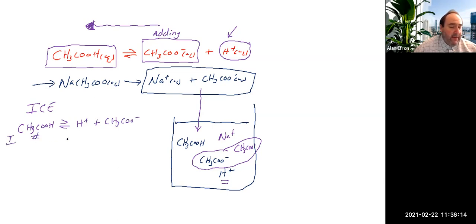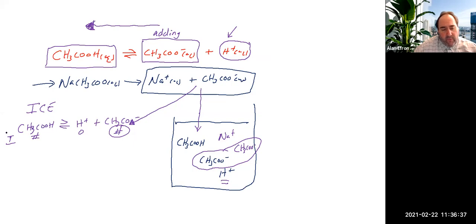So you would have a number here, this guy would be 0, but you would have a number here being supplied by the sodium acetate in this particular example. And you would go through your normal ice table, just like you've done all the other ice tables, use the Ka value, solve for X, which would be the H plus concentration, and you could go into your pH.